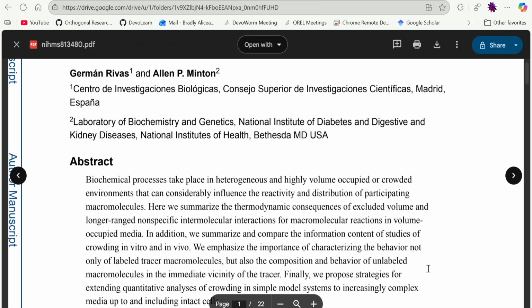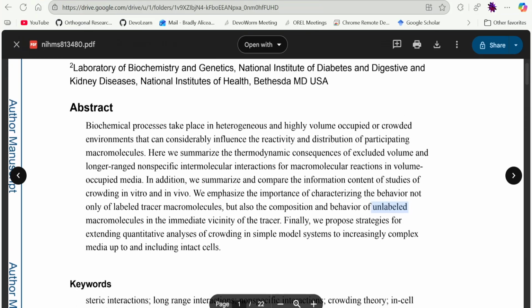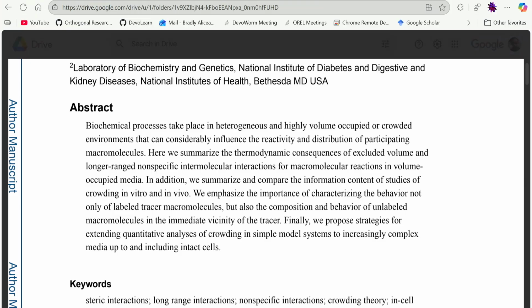Biochemical processes take place in heterogeneous and highly volume occupied or crowded environments that can considerably influence the reactivity and distribution of participating macromolecules. Here we summarize the thermodynamic consequences of excluded volume and longer-range non-specific intermolecular interactions for macromolecular reactions in volume-occupied media.